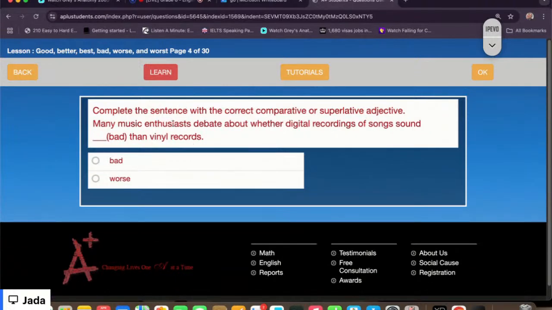So many music enthusiasts debate about whether digital recordings of songs sound bad than vinyl records.